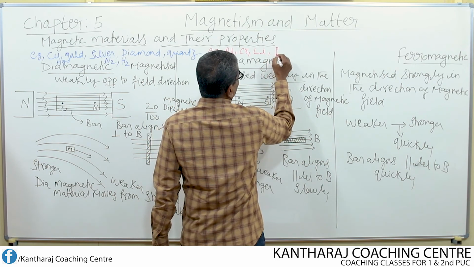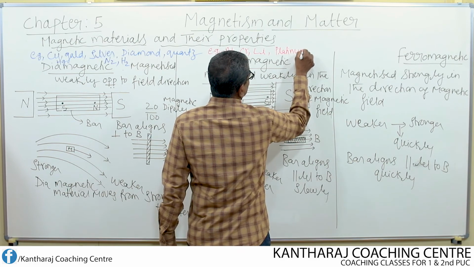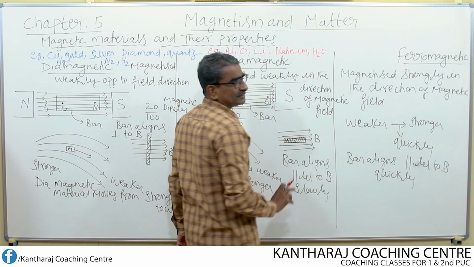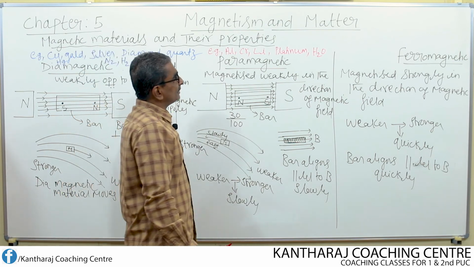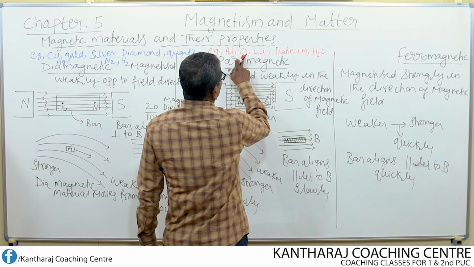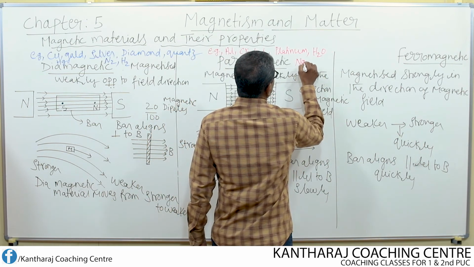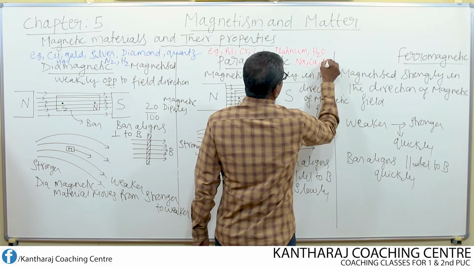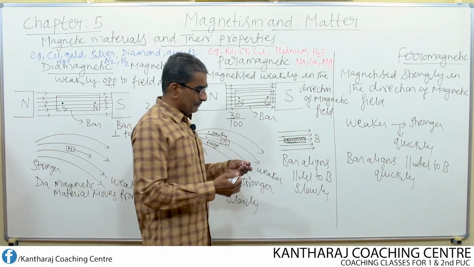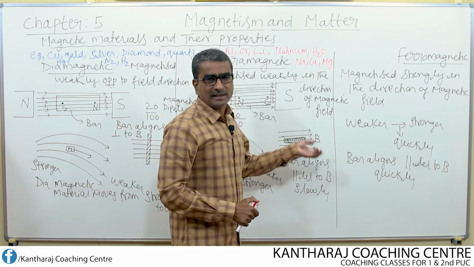Then even I can consider platinum, then H2O, understand, H2O. So these are the examples: aluminum, chromium, lithium, platinum, H2O, sodium, calcium, magnesium. All these are the examples for the paramagnetic material.